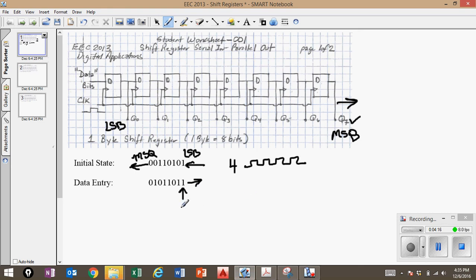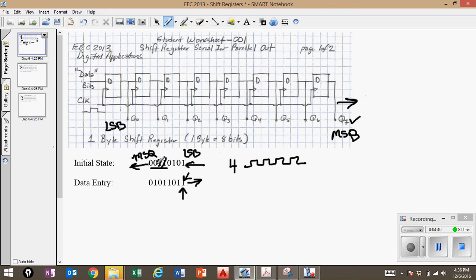Now remember, we're going to enter the data starting with this value first. And we're going to do it for 4 clock pulses. Okay. What does that mean? It means that the first 4 numbers of the register will be moved out.